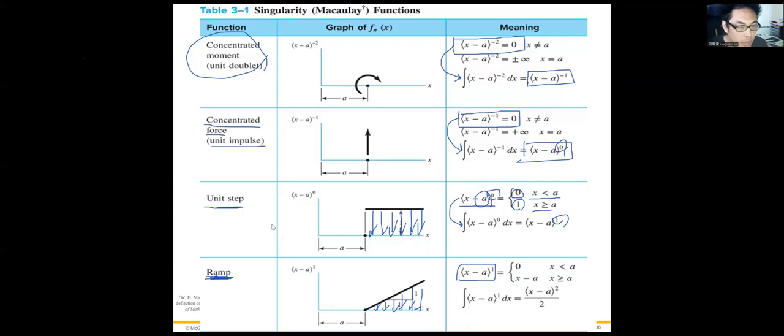And if we take the integration of this ramp function, it will become the power of 2 over 2, right? Is that clear? So this table just briefly summarizes the singularity function for each loading condition.